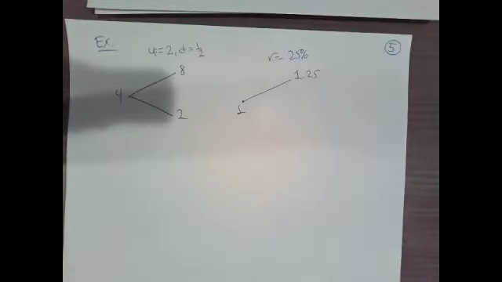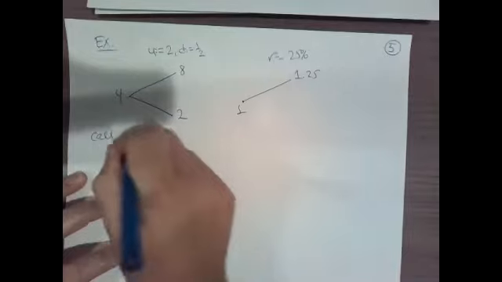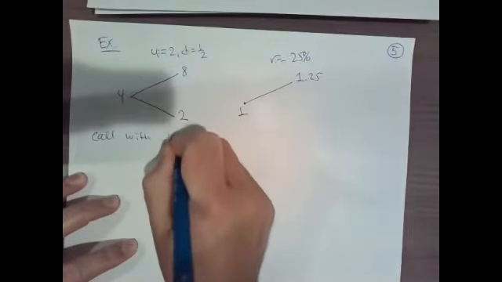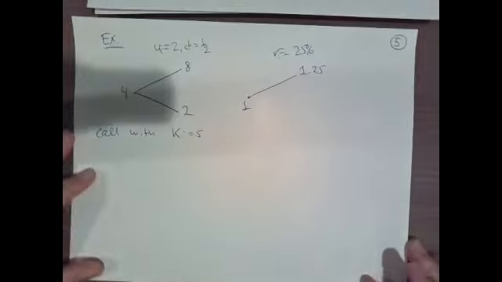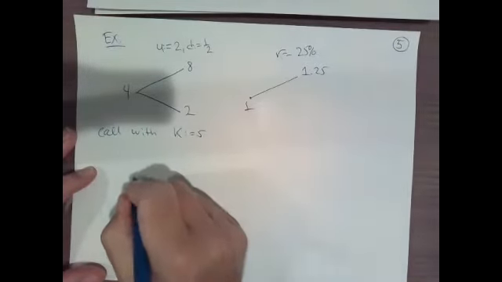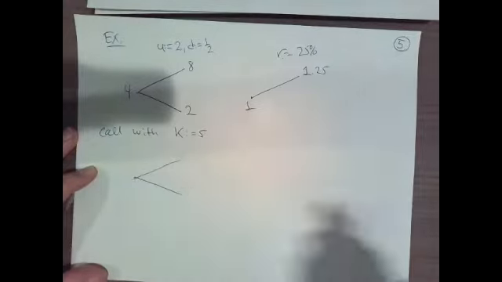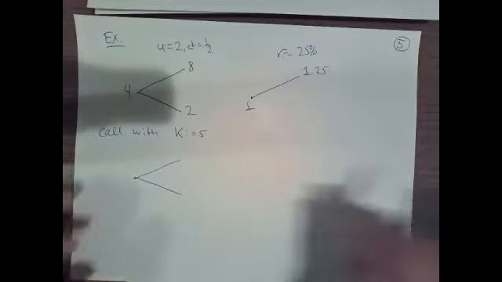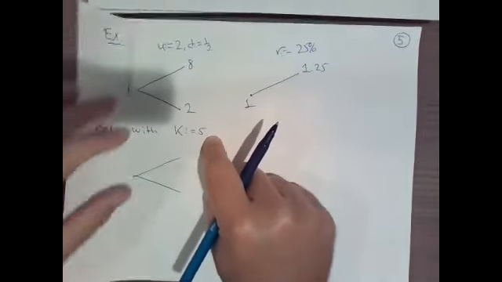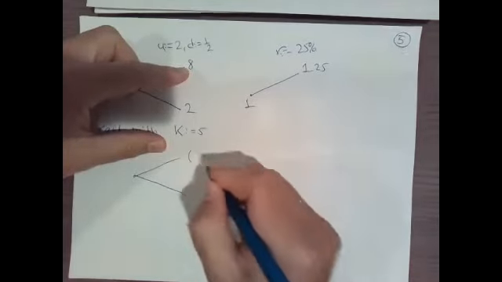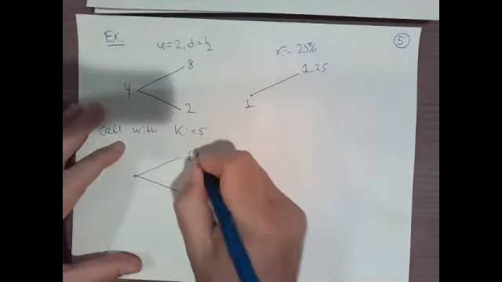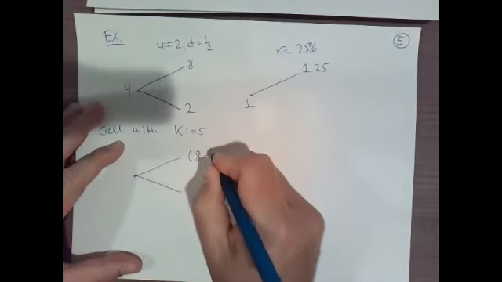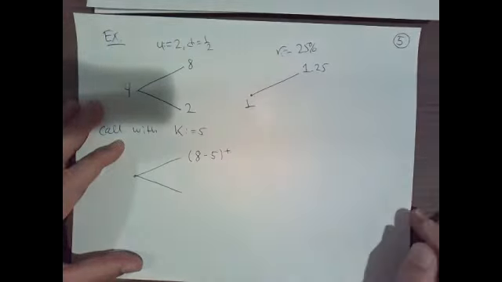Okay, and so what we're interested in is looking at, I think it was a call we're interested in. So a call with strike 5. What does a call with strike 5 look like? Well, a call, remember the payoff would be X minus K. So we start out with 8 minus the strike, which would be 5, positive part.